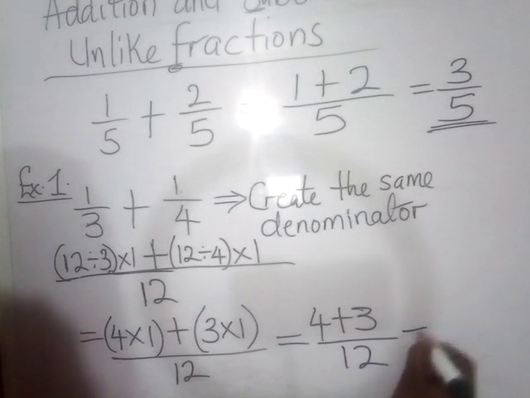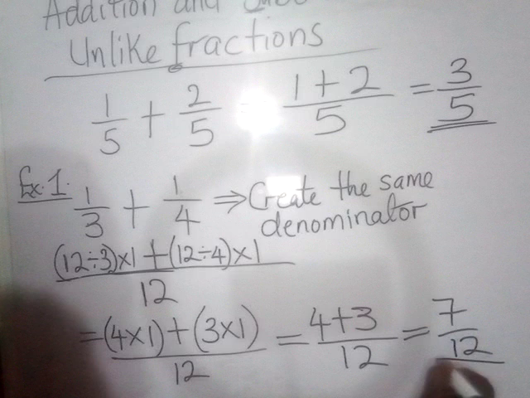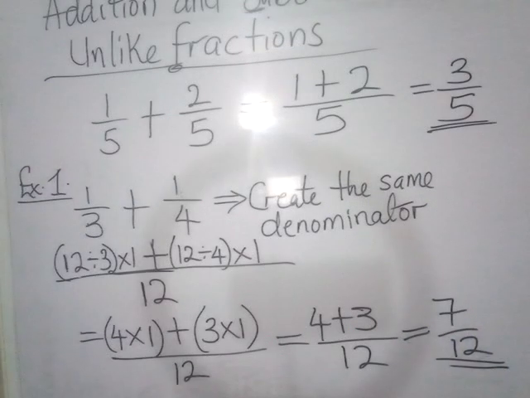Which is 12. And that gives us 4 plus 3 is 7 over 12. Okay, so that is how we do our addition of unlike fractions.